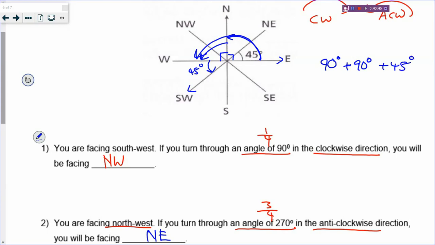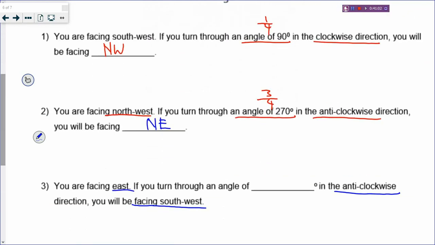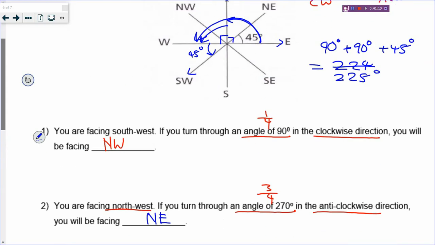How many degrees do you turn? 225 degrees. So if you turn through an angle of 225 degrees in the anti-clockwise direction, you will be facing southwest, which is over here.